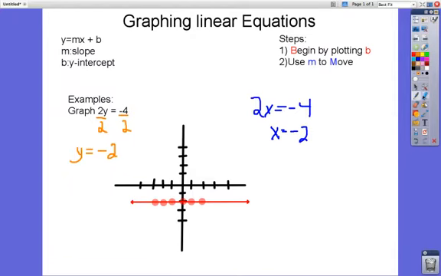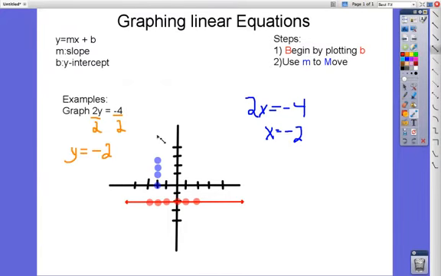In this case, with x equals negative 2, we would go to negative 2 on the x-axis, which is right here, and every point on our line would have to have negative 2 for their x value. So anytime it says x equals a number, it's going to be a vertical line straight through that number.